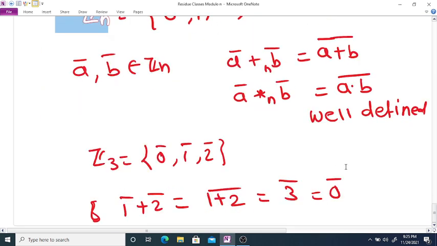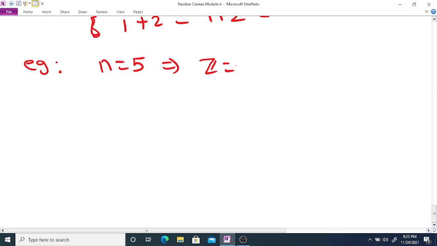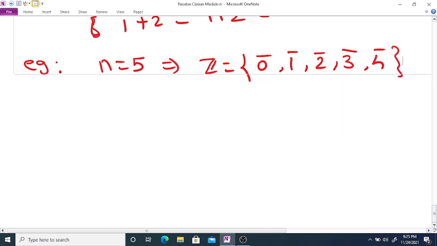So under this relation we can make an addition and multiplication table for Z5. Take one particular simple example, say n is equal to 5. Then Z5 contains elements 0 bar, 1 bar, 2 bar, 3 bar and 4 bar. These are the 5 distinct equivalence classes modulo 5.